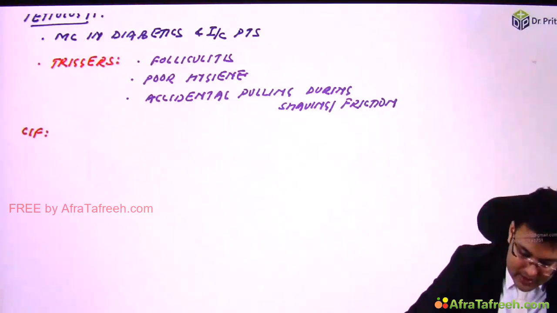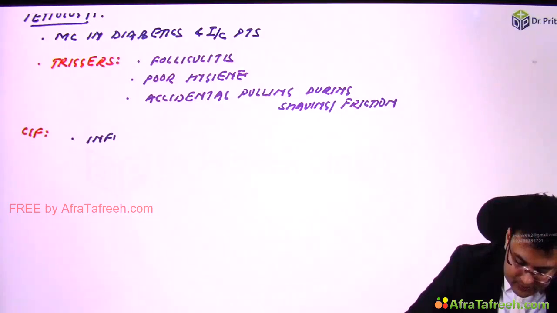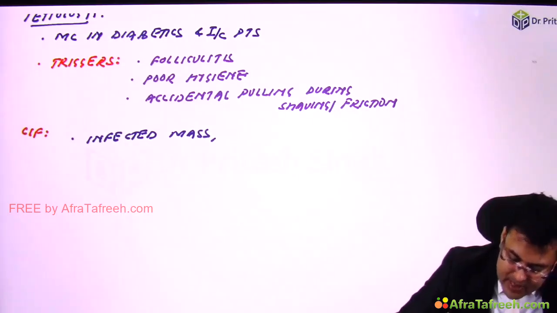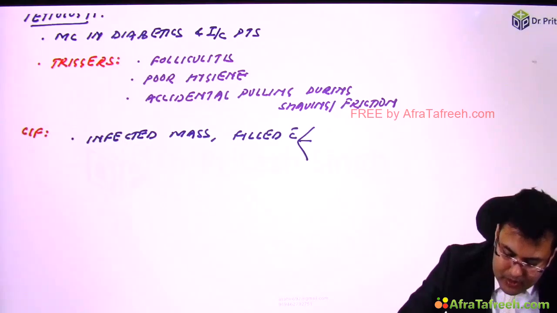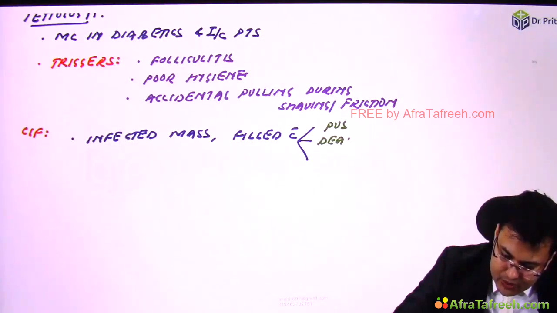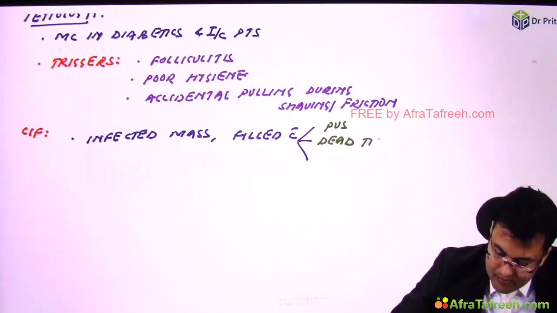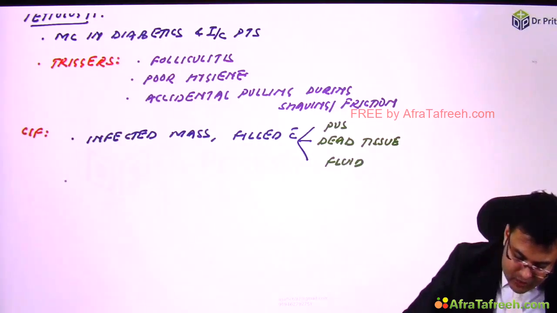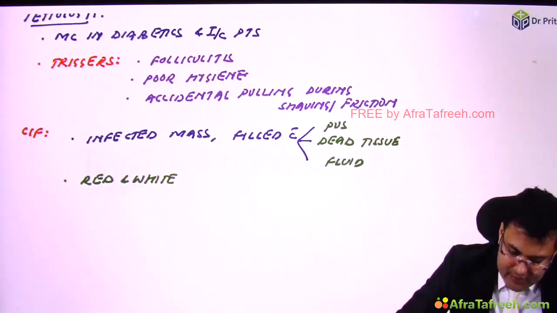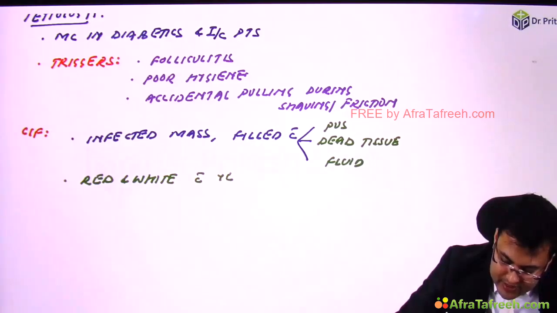In carbuncle, there is an infected mass, and this infected mass is filled with pus, dead tissue and fluid. What is the appearance? It's red and white, with a yellow center.